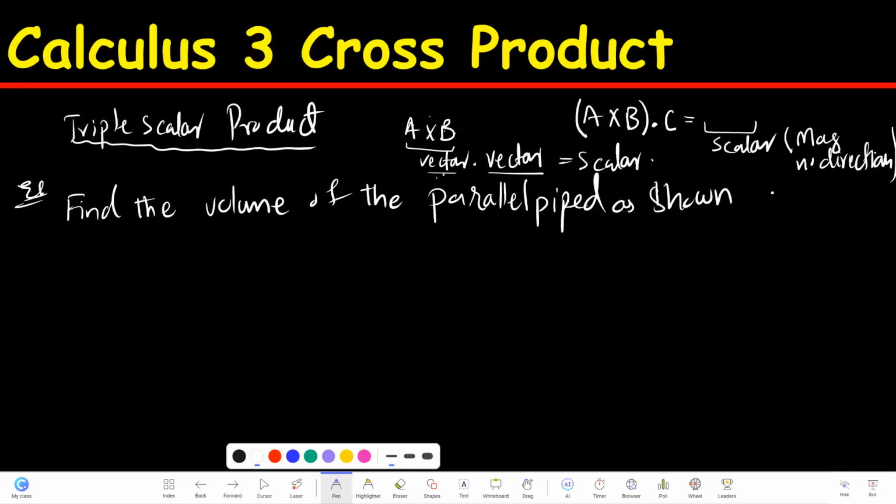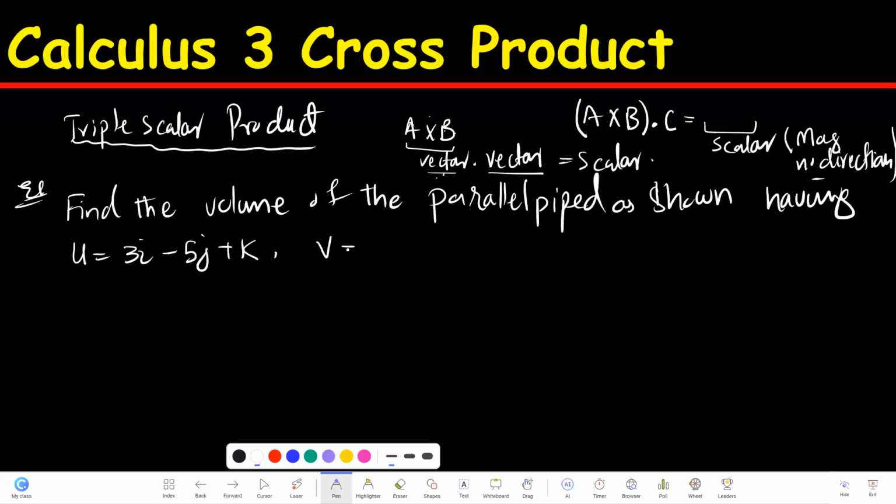As shown, here's the fun part. I'm going to do this through vector form. So u is 3i minus 5j plus k.